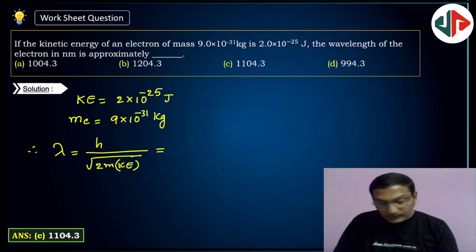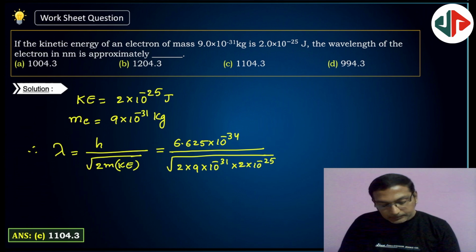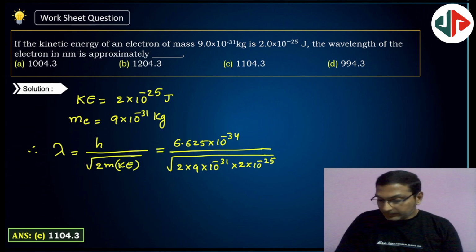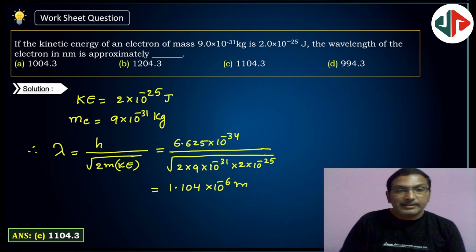H value 6.625 into 10 power minus 34 by root over 2 into mass of electron 9 into 10 power minus 31 into kinetic energy 2 into 10 power minus 25. We'll get this value as 1.104 into 10 power minus 6 meters, SI units.